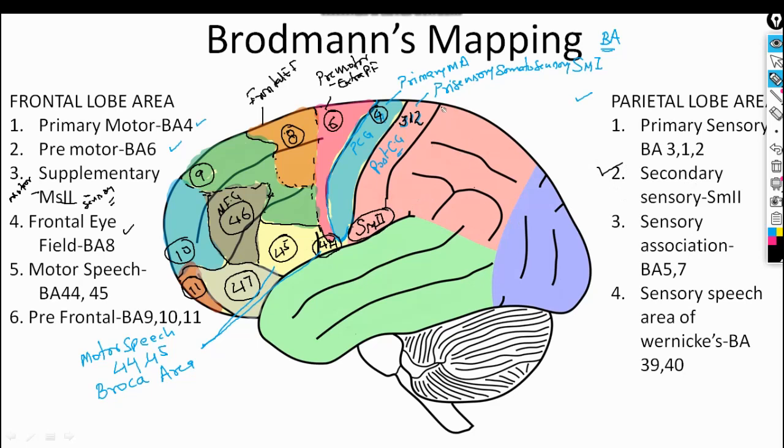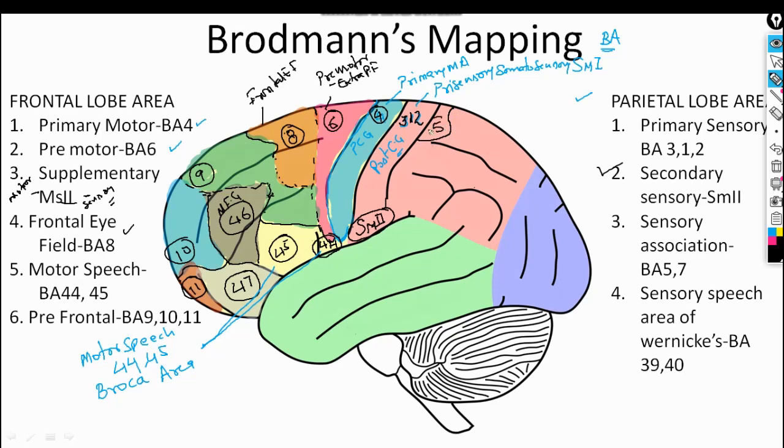Posterior to this primary sensory area, here we see Brodmann's area number 5. This Brodmann's area number 5 is present posterior to the primary sensory area in the superior parietal lobe.